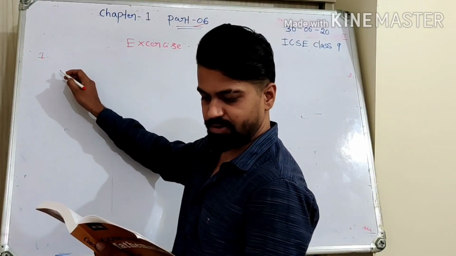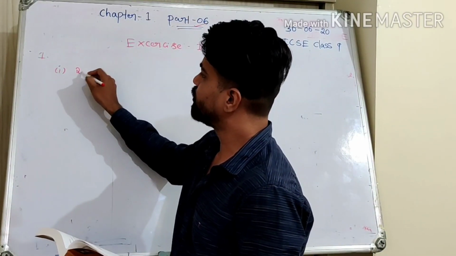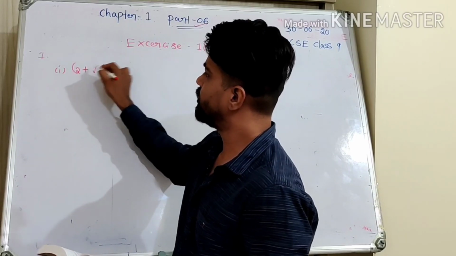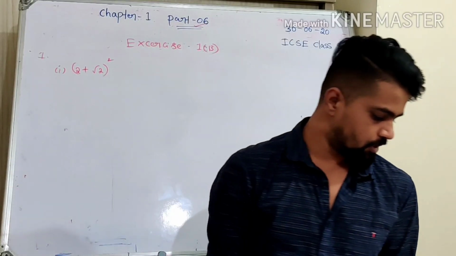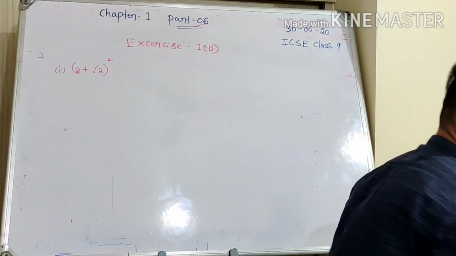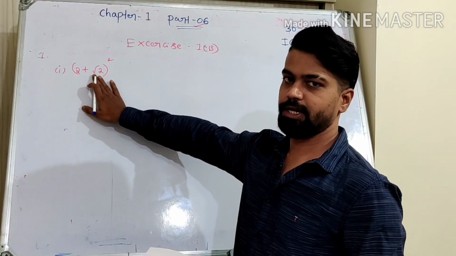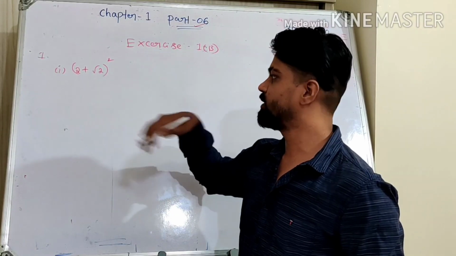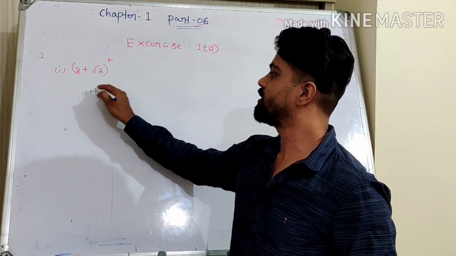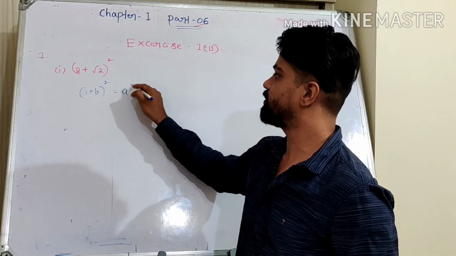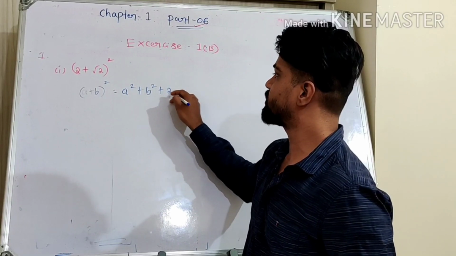The first sub-question is (2 plus root 2) whole square. Any guesses? Is it rational or irrational? If you can avoid this root 2 at the end, then it may be rational. But can you avoid it? What is this? (a plus b) whole square format. That is a square plus b square plus 2ab.